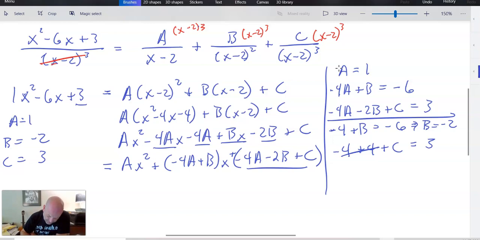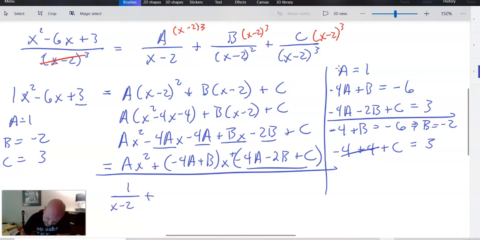Our original expression, x squared minus 6x plus 3 over x minus 2 cubed, can be written as 1 over x minus 2, plus negative 2 over x minus 2 squared, plus 3 over x minus 2 cubed.